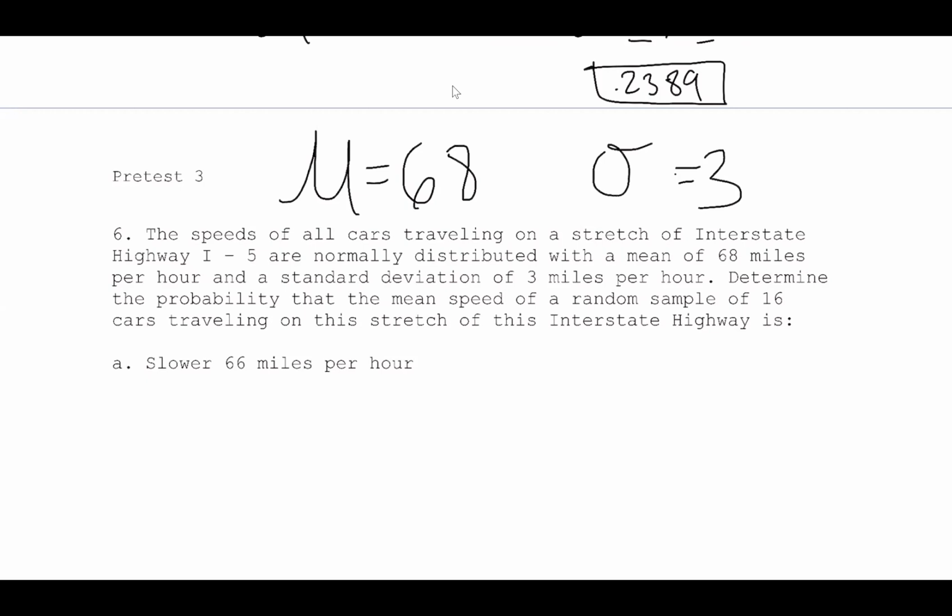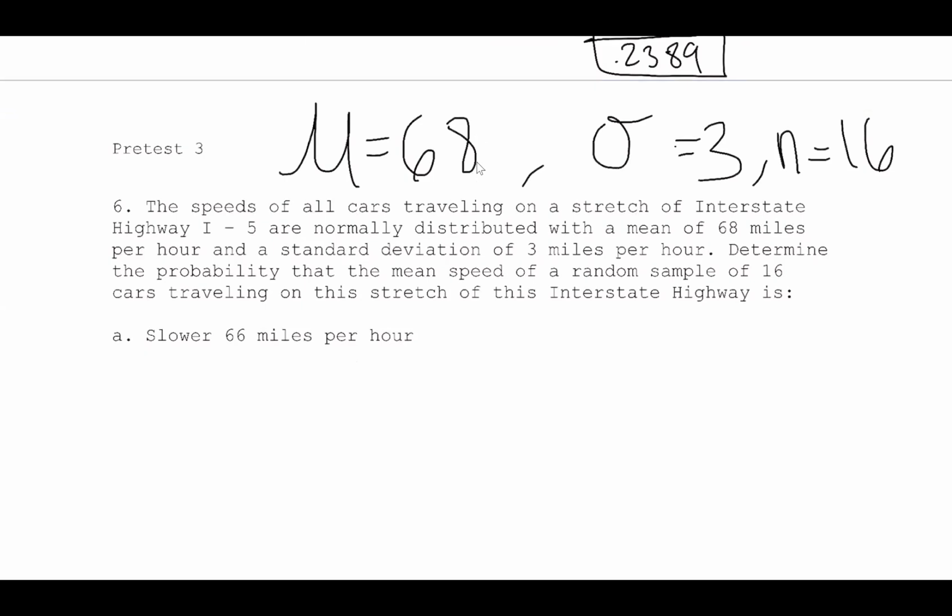Then they later on say that we want to take a sample size of so many cars. What is the sample size that they want to take? Yeah, 16. So n is equal to 16 for this one. Part A says slower than 66 miles per hour.